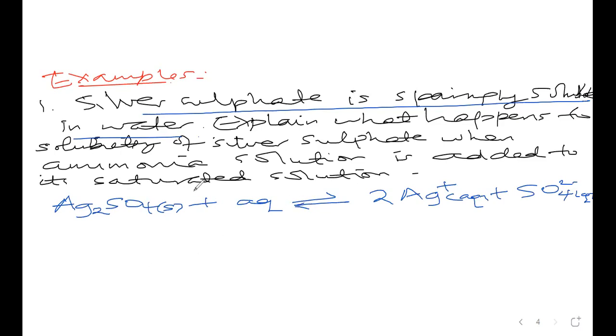Now, explain what happens to the solubility of silver sulfate when ammonia solution is added to it. Ammonia solution doesn't have a common ion to silver sulfate, so here common ion effect cannot be talked about. Common ion effect decreases solubility. Ammonia solution is also not a salt; it's an electrolyte, but a very weak one.